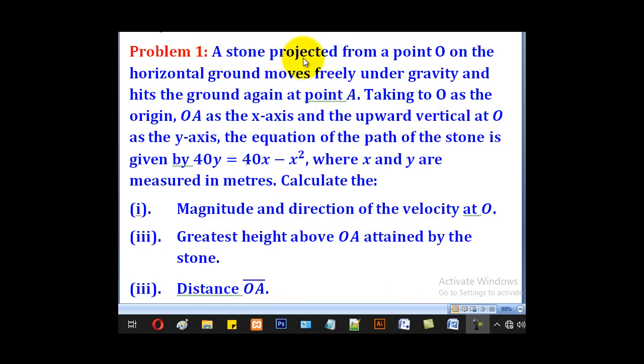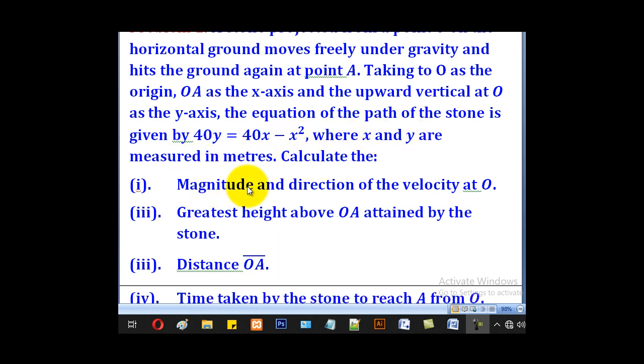Now problem 1 says a stone projected from a point O on the horizontal ground moves freely under gravity and hits the ground again at point A. Taking O as the origin, OA as the x-axis, and the upward vertical at O as the y-axis, the equation of the path of the stone is given by 40y equal to 40x minus x squared, where x and y are measured in meters.